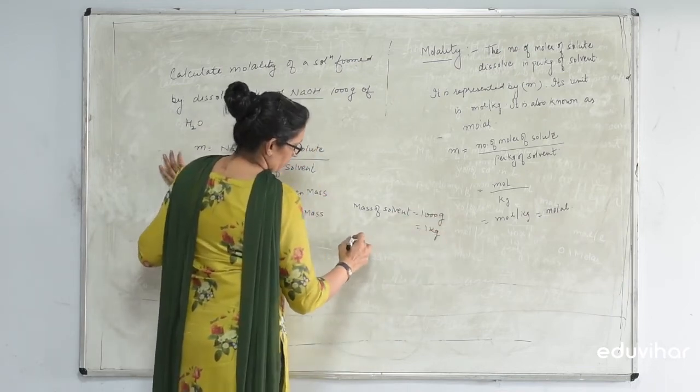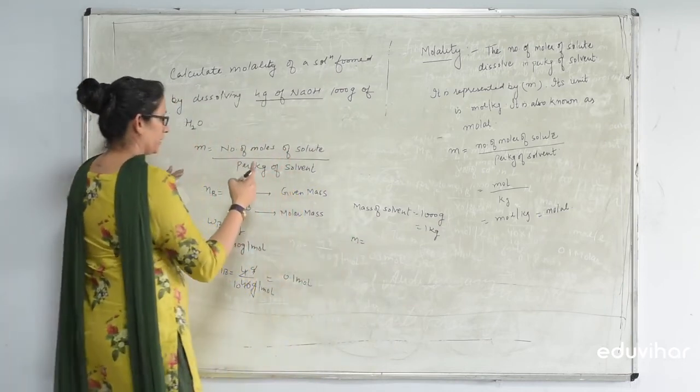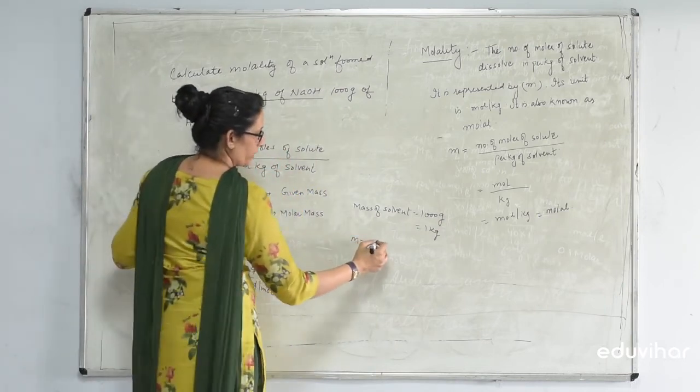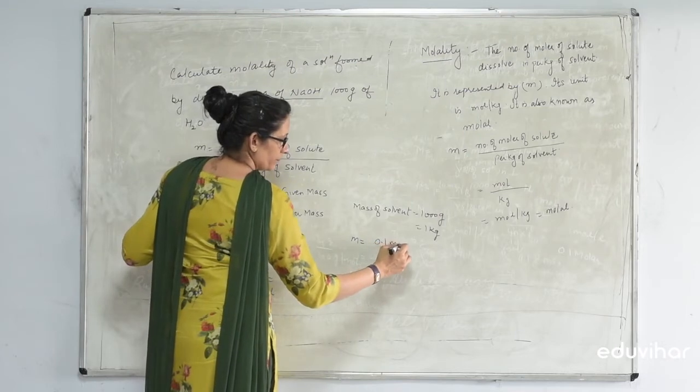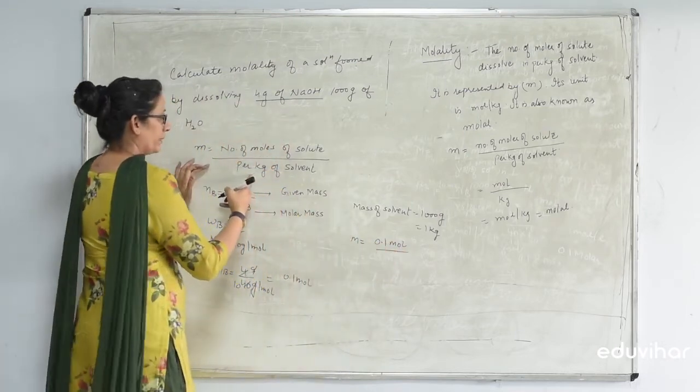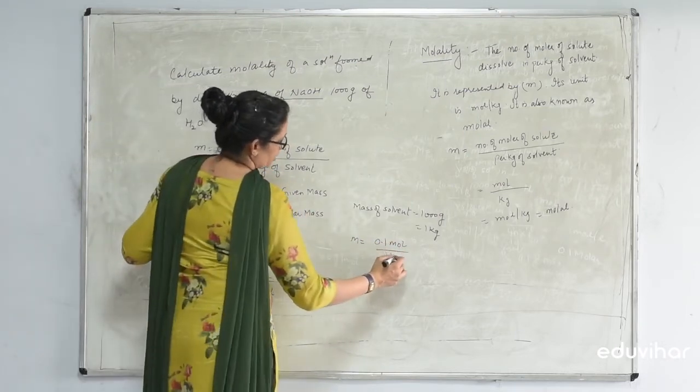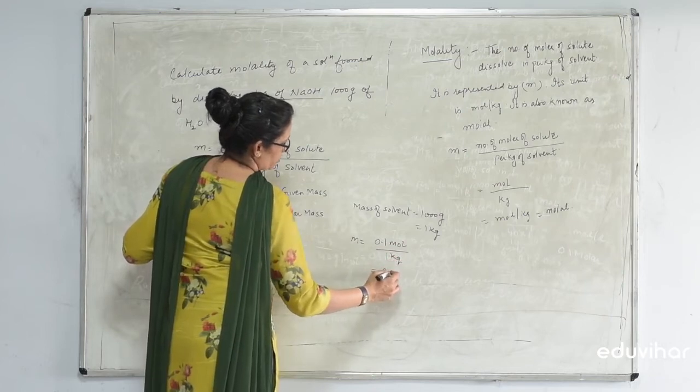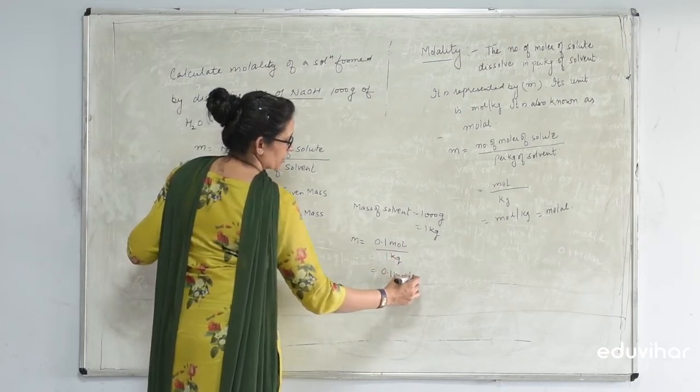So the molarity is the number of moles, 0.1 mole, per 1 kg of solvent. This becomes 0.1 mole per kg.